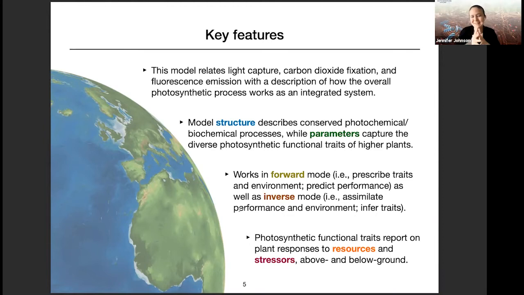Really emphasizing photosynthetic functional traits because they can be looked at as being reporters that are integrating the way that plants perceive and react to both environmental resources and environmental stressors, both above and below ground.